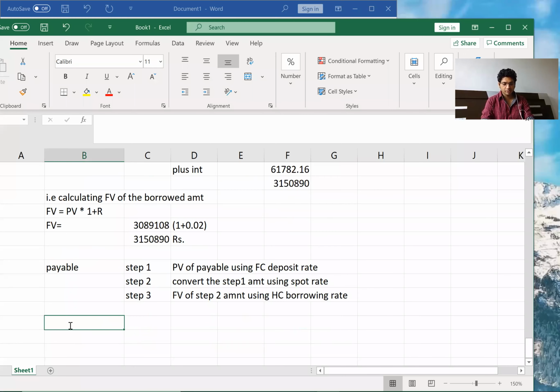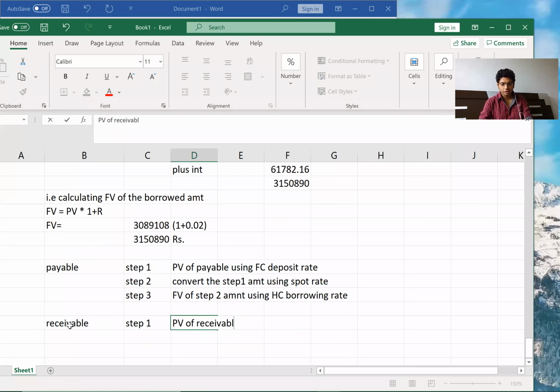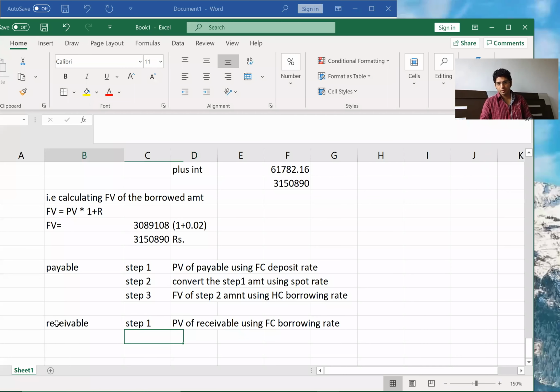If it is a receivable sum, what happens? Step 1, calculate the present value of the receivable, now using the foreign currency borrowing rate. Because the logic is, we have a receivable, that is, we have an asset.